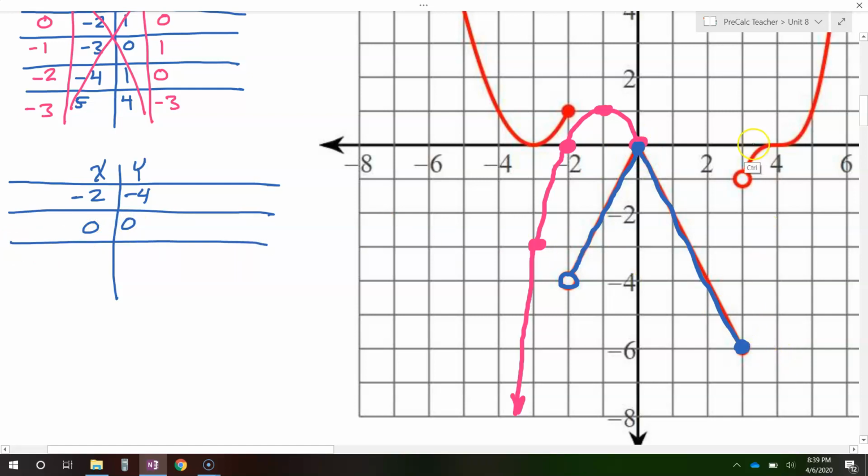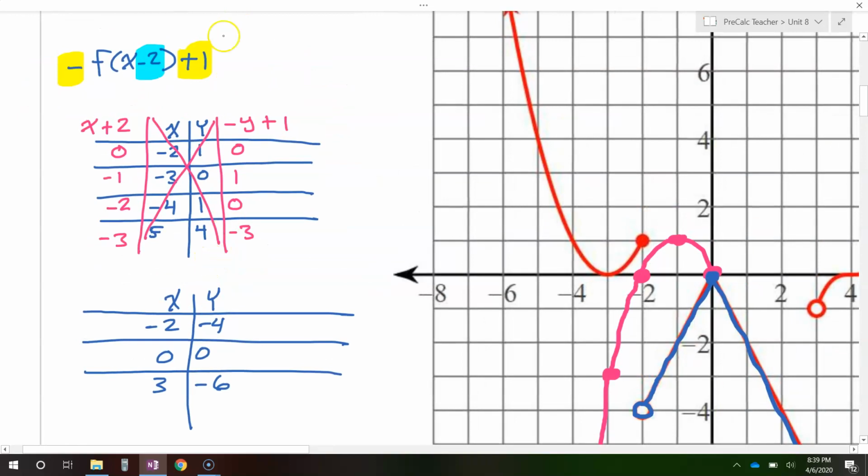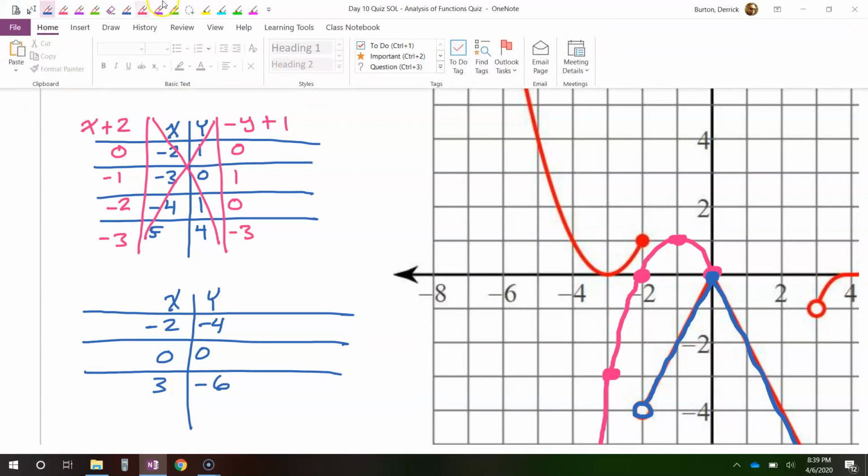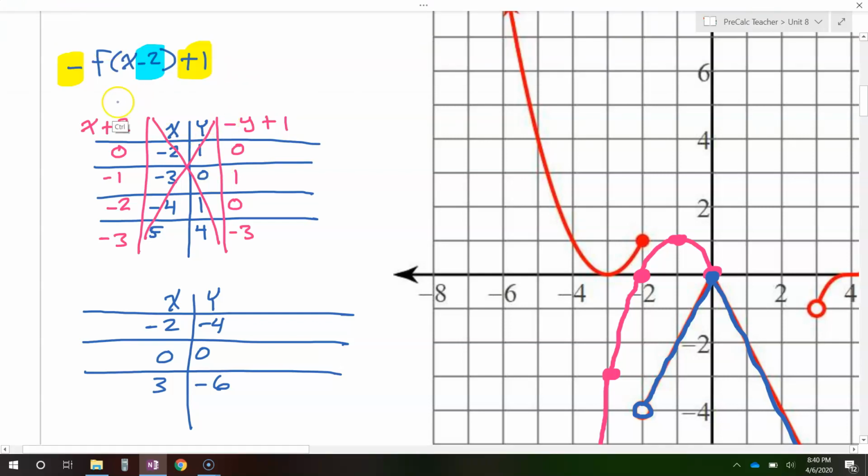And then the point 3, comma, -6. Remember we are doing the same transformations that we were doing a moment ago. The yellow transformations are happening to the y values. Anything outside the function is happening to the y values.